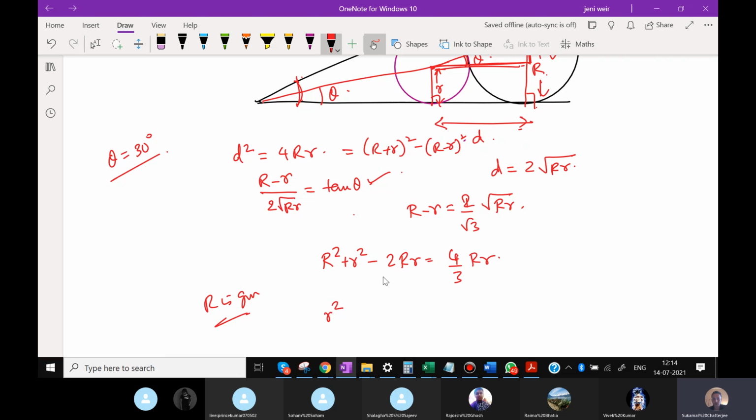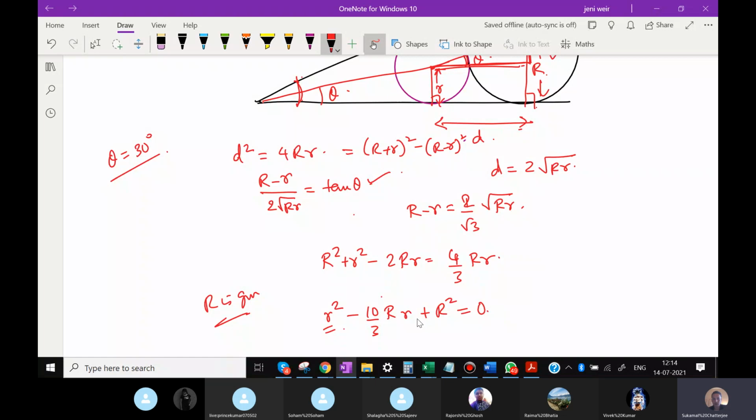So r square minus 2Rr minus 4 by 3 Rr, that means minus 10 by 3 Rr plus R square equal to 0. Correct? So this would be a quadratic in small r. So use the quadratic formula, solve for small r. Clear? Yes, sir.